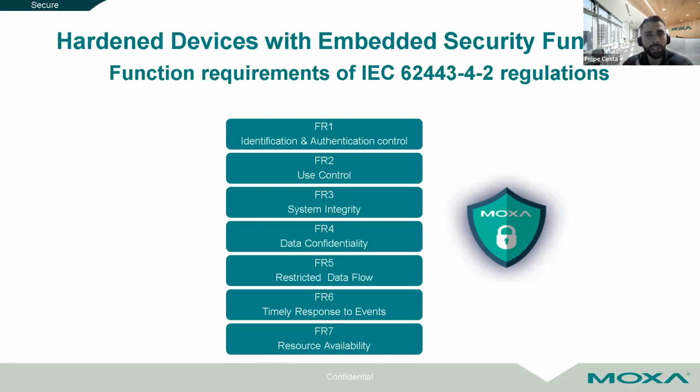We can consider this as a perspective of security. In other words, the standard recommends 7 different perspectives to build a resilient cybersecurity product, and Moxa delivers all these features and the combination of fundamental requirements in our certified product.